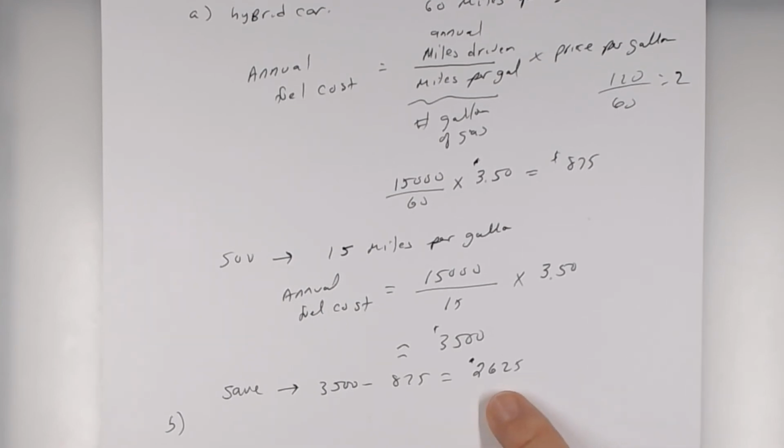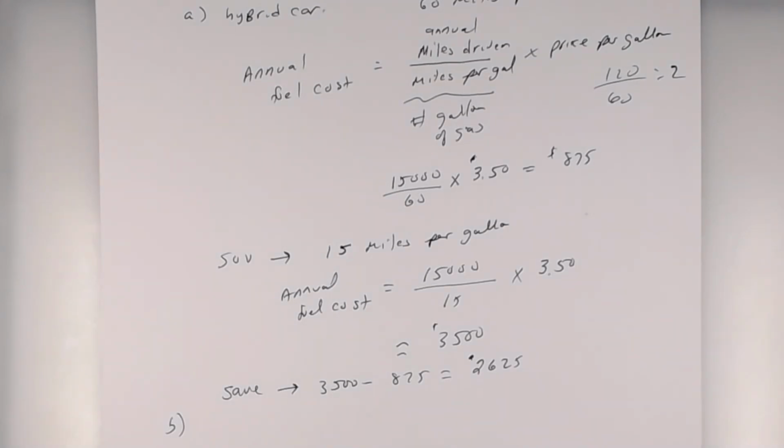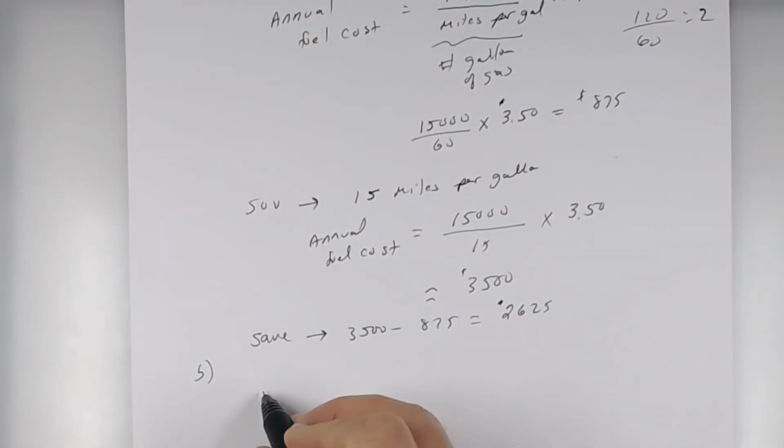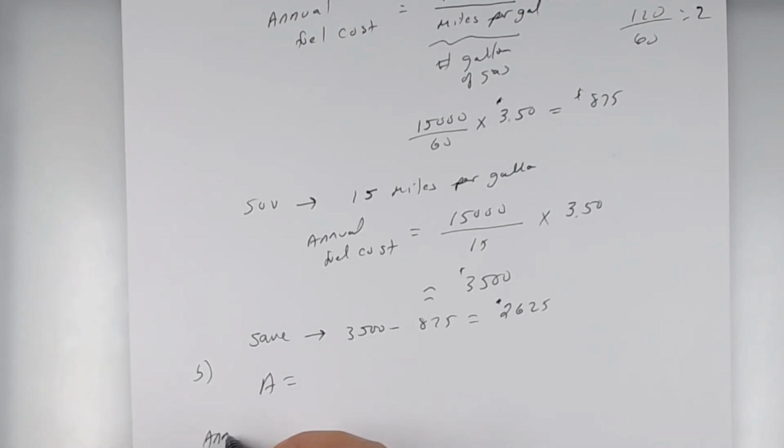So they're saying, all right, I saved this amount, $2,625. Let me go ahead and put that in an annuity so I can earn money on that. Well, here's the formula for an annuity. You don't have to memorize that. I will give it to you. The A will equal the future value, A, for annuity.